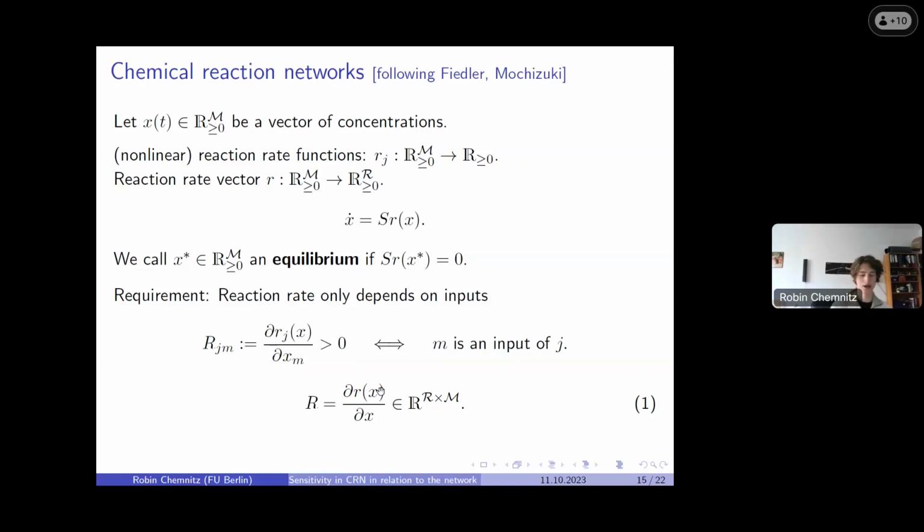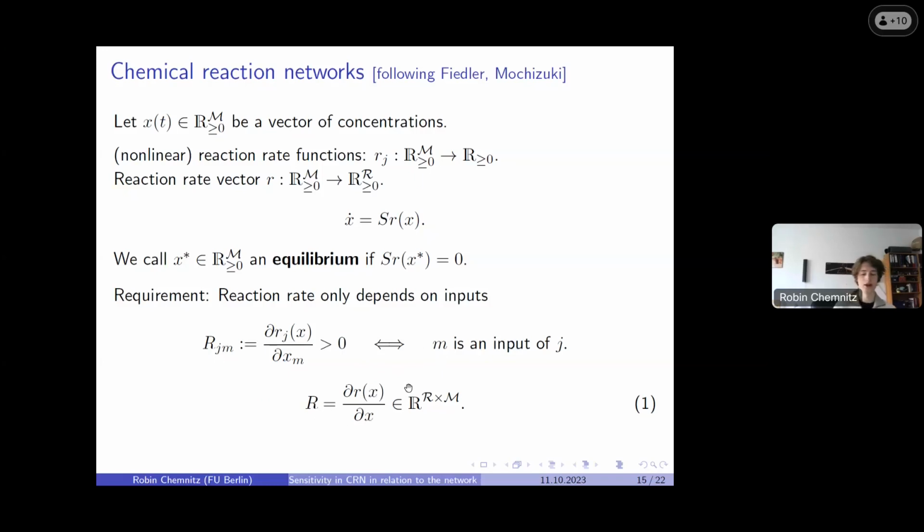And we can write this differential of the reaction rates with respect to the concentrations as a matrix R. So this is just how the reaction speed changes when I change the concentrations.